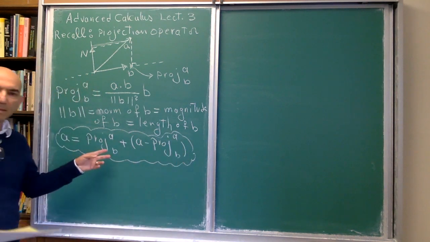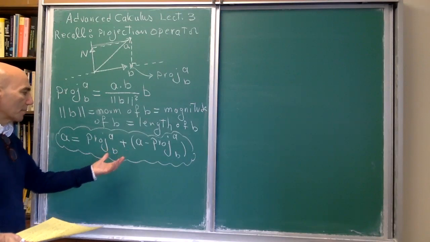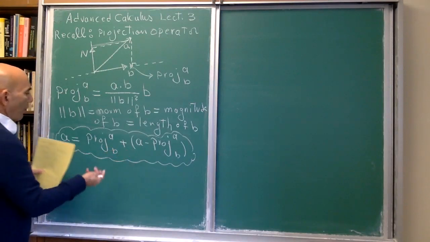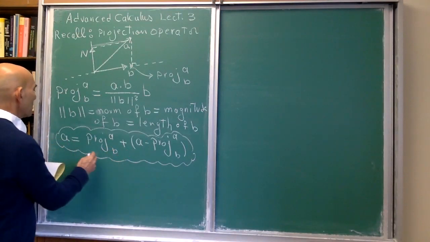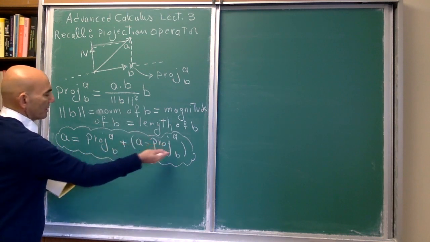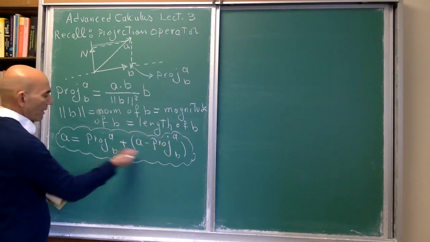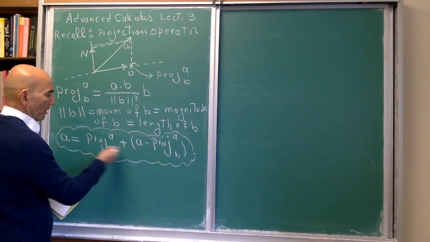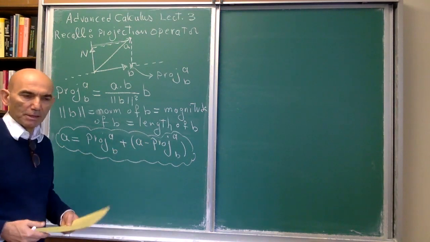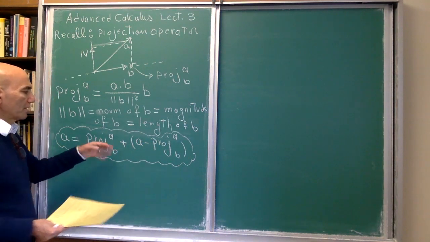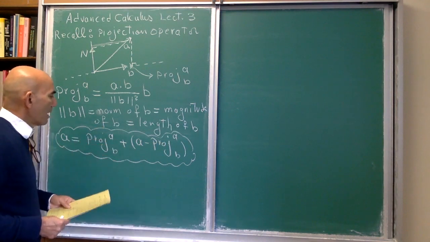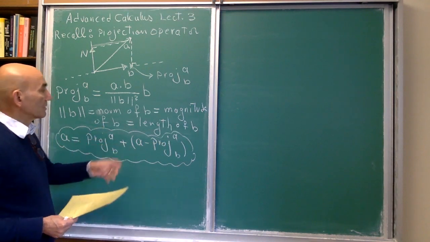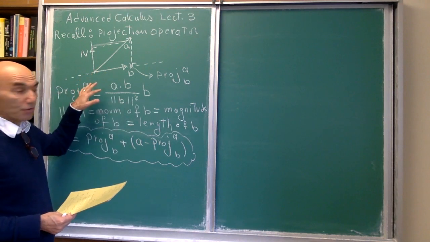When you look at this formula, of course, it looks like a trivial thing. You can always say A is equal to some vector plus A minus that vector. Verifying this is trivial the way it's written. It looks like it doesn't entail anything to verify. But in fact, this is very interesting because of the geometry of the situation.